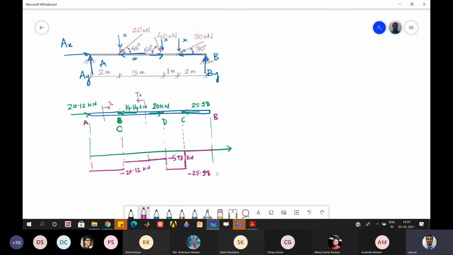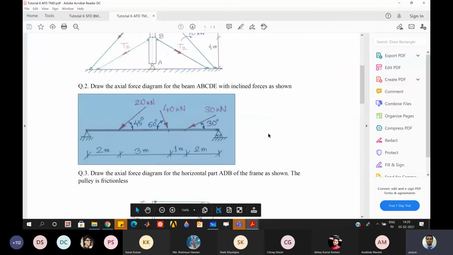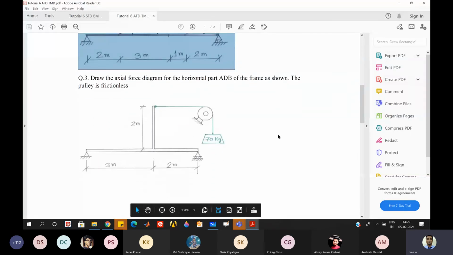This is all kilonewton. Yeah, so this is your axial force diagram. All right. So it's simpler than the shear force diagram. I think it will be very easy for you to find those axial force diagrams.